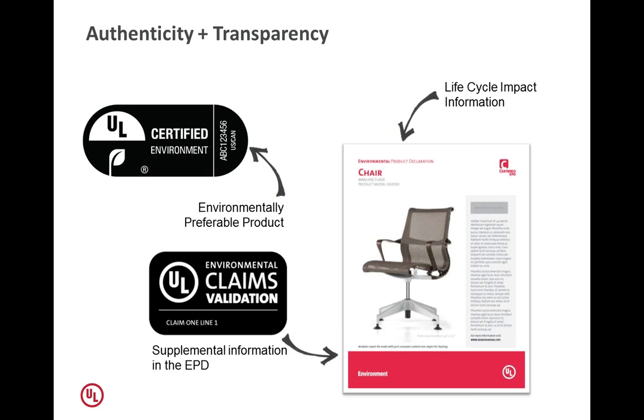So, for example, when looking at a UL Environment EPD, and this is just a mock-up example, you can see that the EPD itself contains life cycle impact information, the environmentally preferable product certification, or the SPC, denotes that a product is environmentally preferable, and then the environmental claim validation supplements the information in the EPD to back up third-party or second-party claims, such as recycled content.